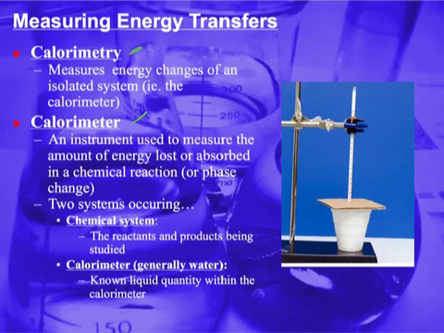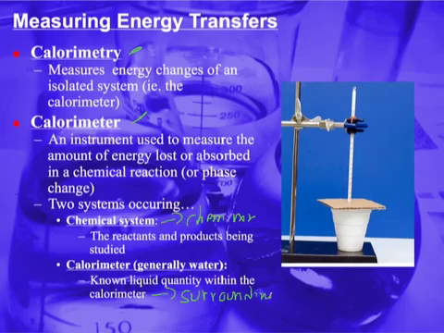The reaction will happen inside the coffee cup, and we'll measure the change of the water temperature in the coffee cup using a thermometer. Now, this system has two parts: your chemical system, so your chemical reactions, as well as the calorimeter, which is considered the surroundings.